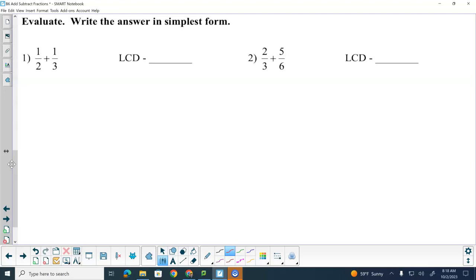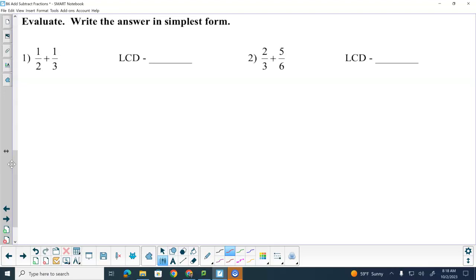Using your multiplication chart or using your brain, what is a number? Doesn't have to be the smallest one. Prefer the smallest one, but it doesn't have to be. What is a number that both 2 and 3 go into? 6? Okay, I heard 6 first.